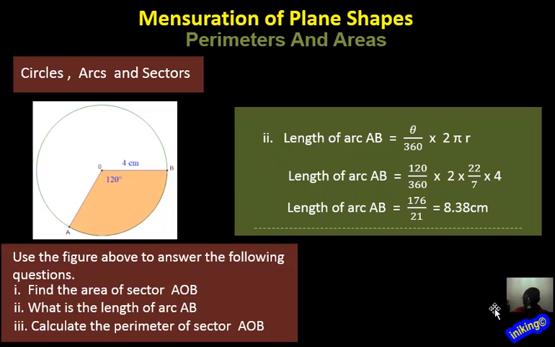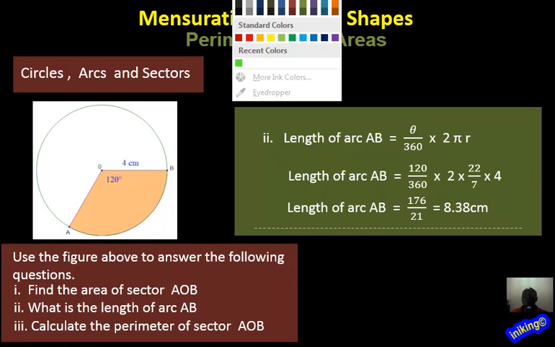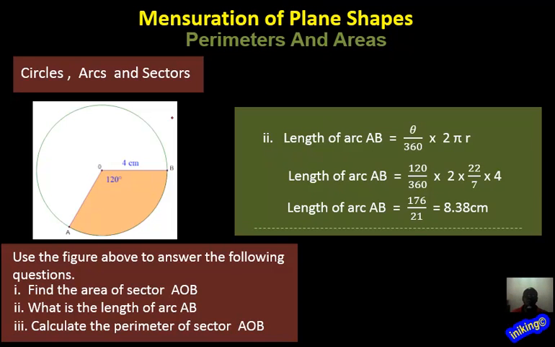Next, we are asked to find the perimeter. That shouldn't be anything difficult. What is perimeter? Total boundary length. Right? Total boundary length. That's the perimeter. Let's change the color of my marker a bit. Okay.